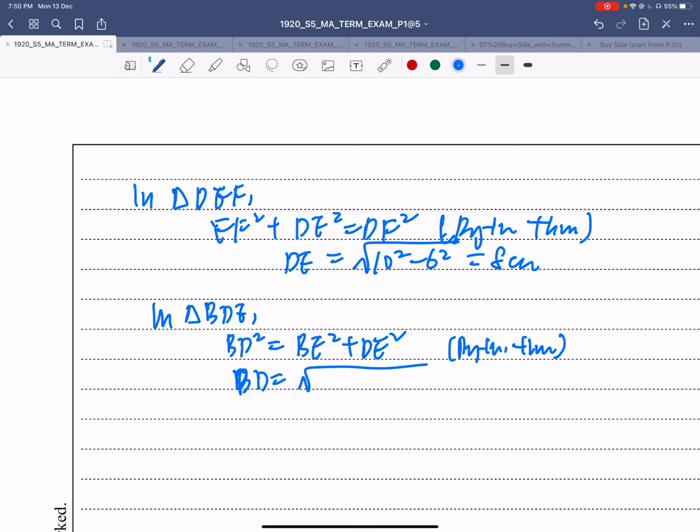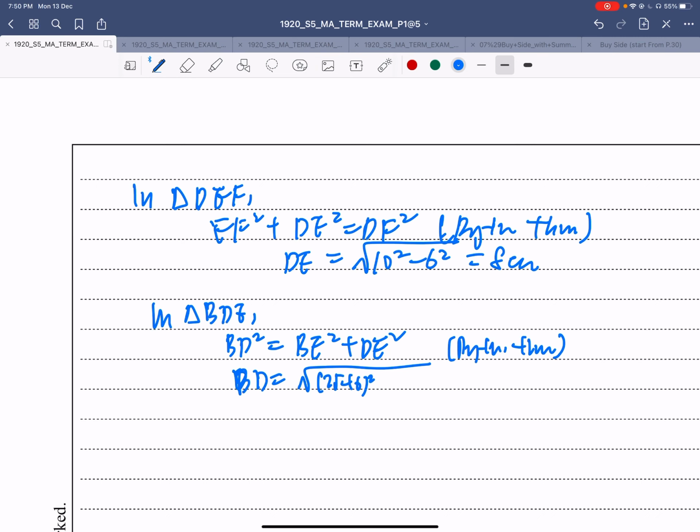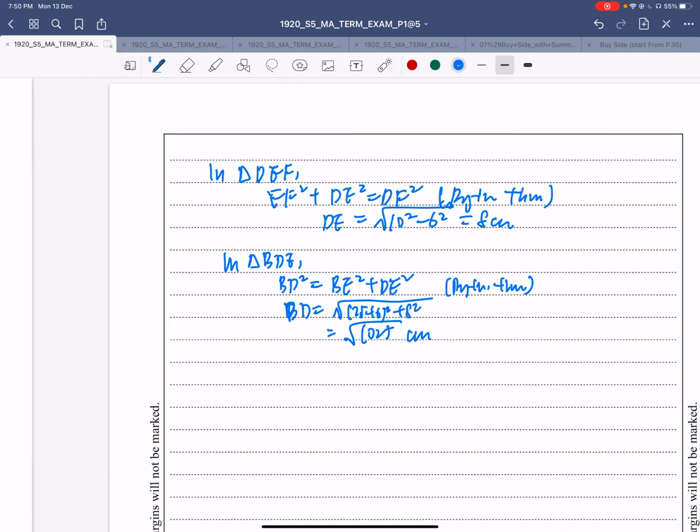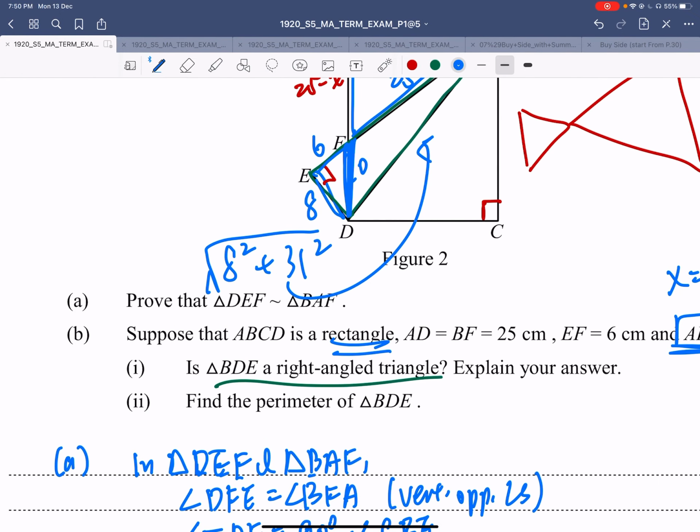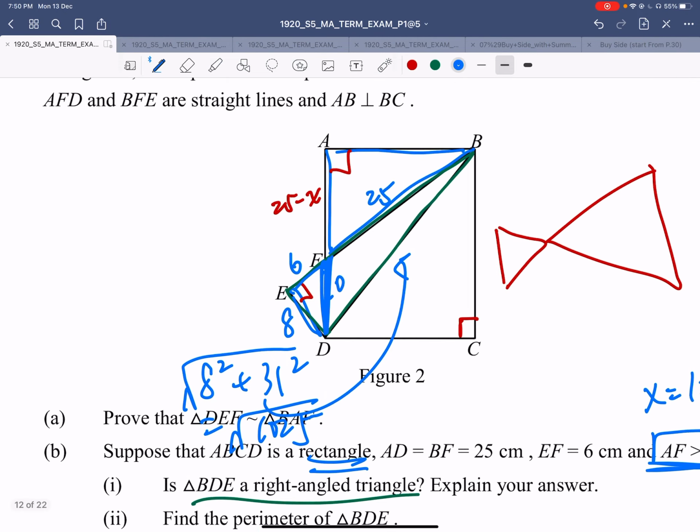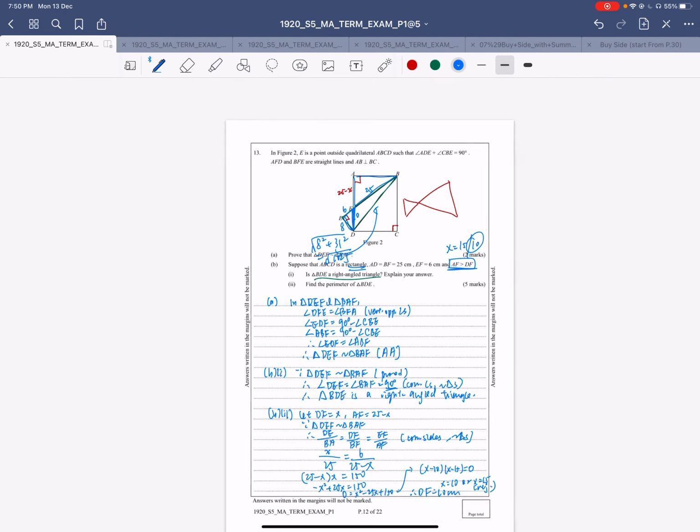BD will be equal to root of (25 plus 6) squared plus 8 squared, equals root 1025 cm. So we know that this is root 1025, DE is 8 and BE is 31.